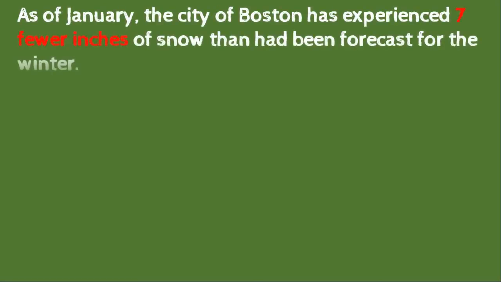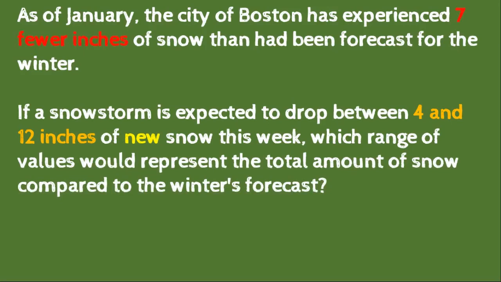As of January, the city of Boston has experienced 7 fewer inches of snow than had been forecast for the winter. If a snowstorm is expected to drop between 4 and 12 inches of new snow this week, which range of values would represent the total amount of snow compared to the winter's forecast?